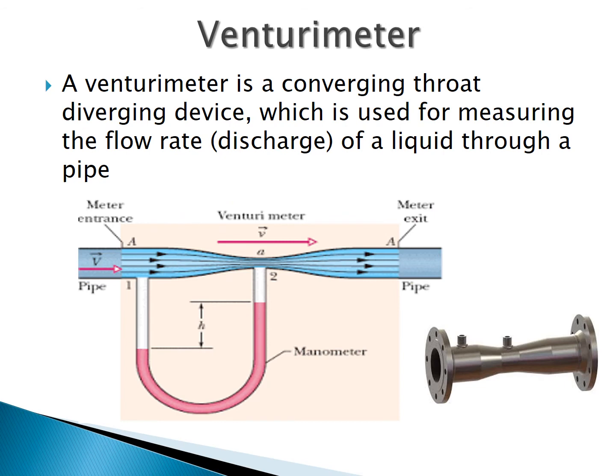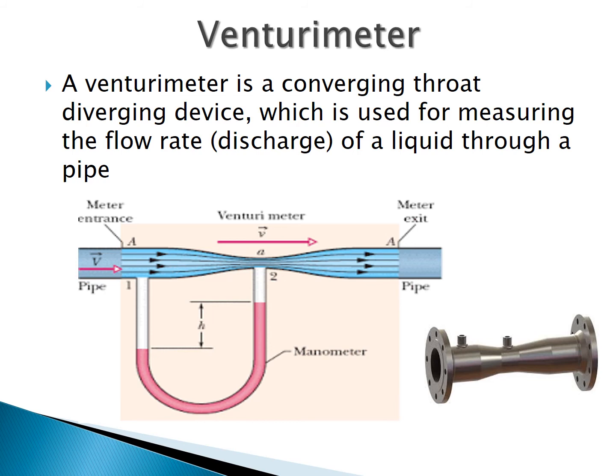Venturimeter. Basically a venturimeter is a converging throat diverging device which is used for measuring the flow rate of a liquid. As you can see from the construction, at area 1, at the inlet, it is converging. Point 2 is known as the throat area, and point 3 is known as the diverging area.